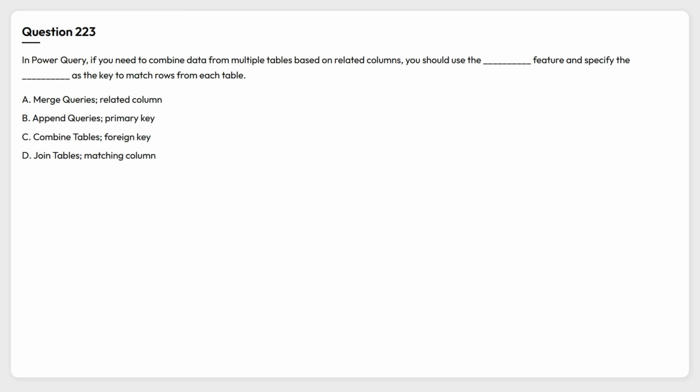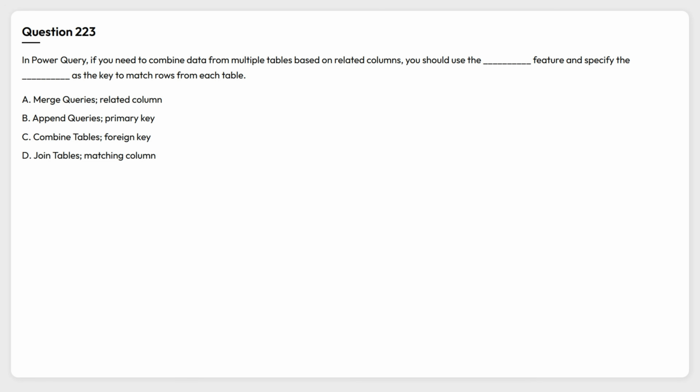Question number 223. In Power Query, if you need to combine data from multiple tables based on related columns, you should use blank space feature and specify blank space as the key to match rows from each table.